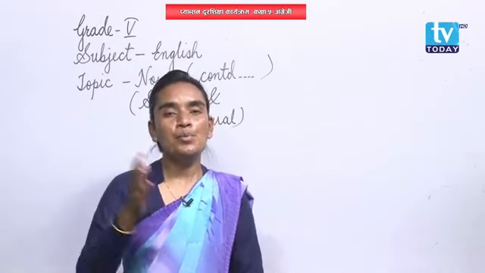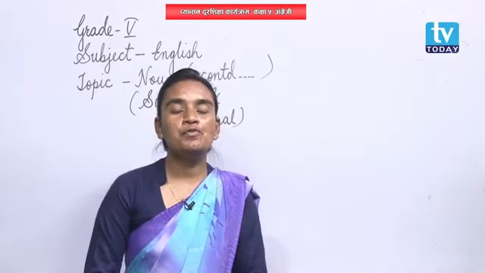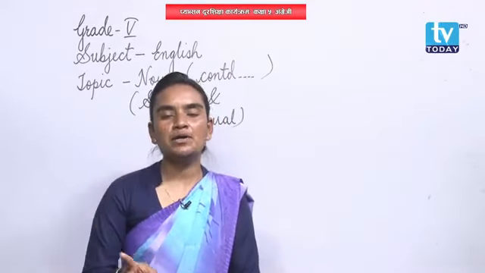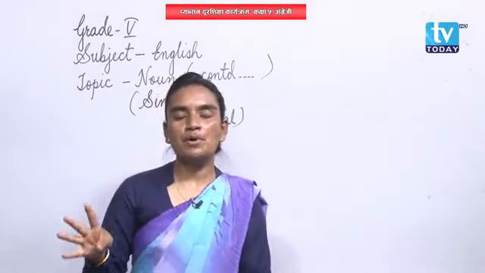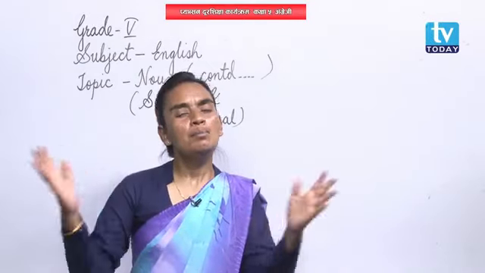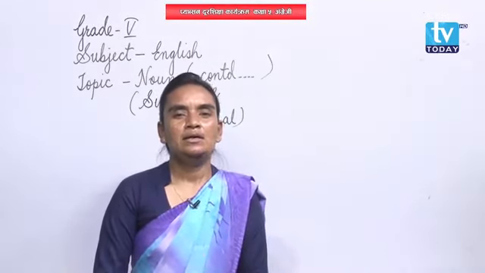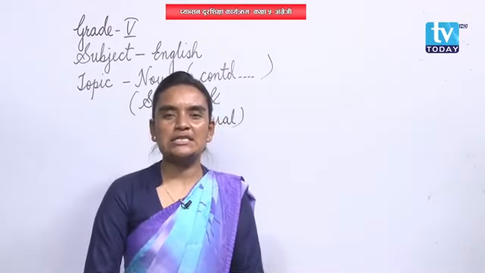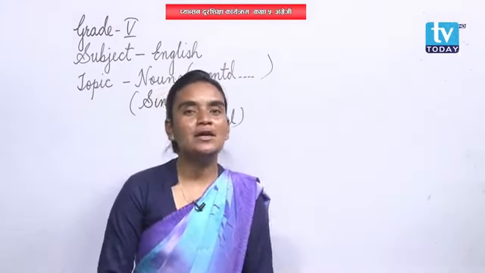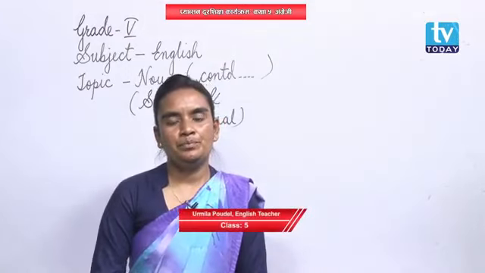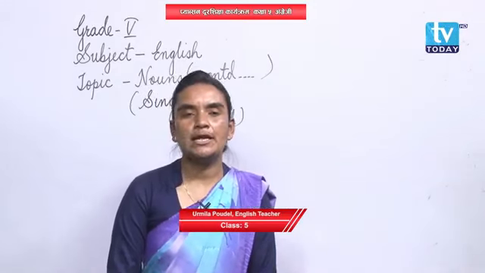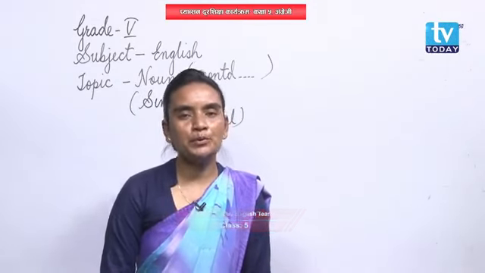If there are more than one, and if we can count it, then we can say 2 books, 3 books, 4 books, 5 books or many books. Like in a library, we cannot count the number of books easily, so we can say there are many books. So dear children, that is how we get the information of singular and plural.